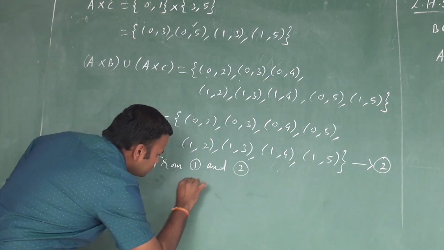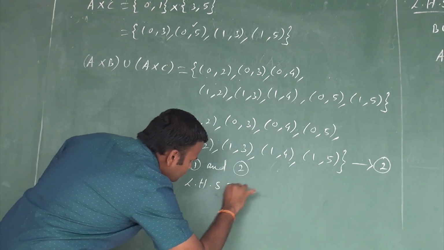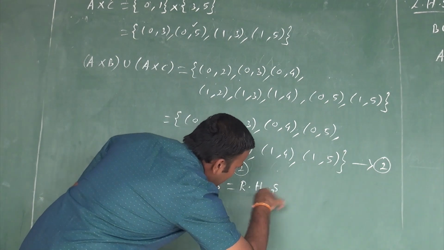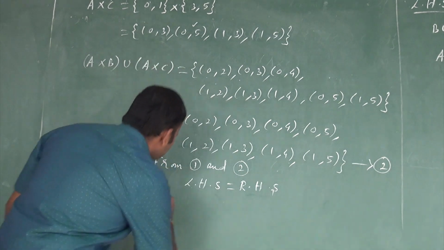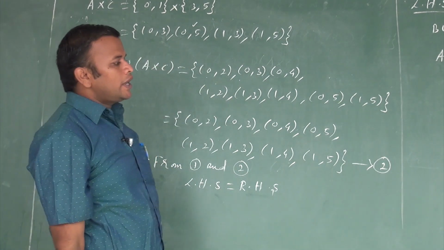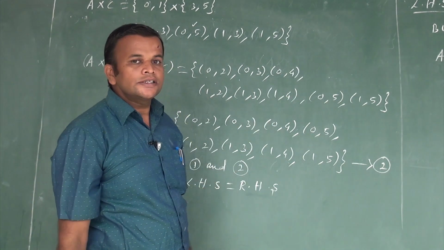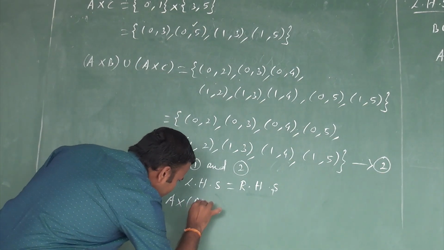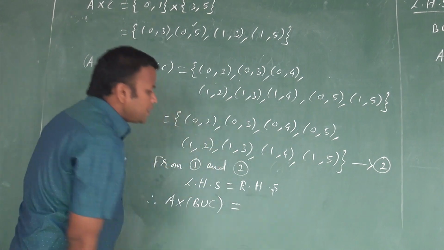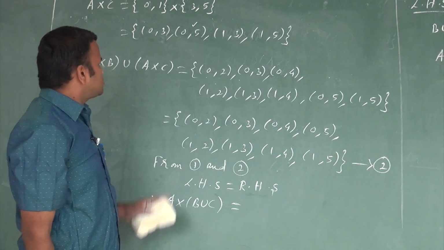So from 1 and 2, what is our conclusion? LHS, the left hand side, and RHS, the right hand side, are both equal. What is the value of LHS? The value of LHS is A cross B union C. It should be equal to RHS. What is RHS?